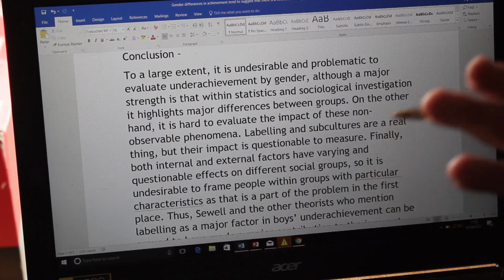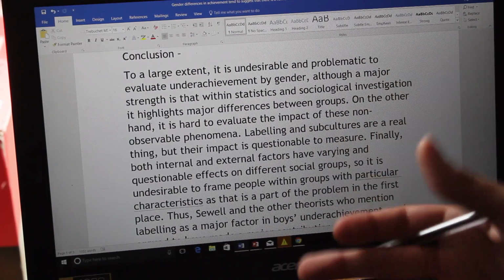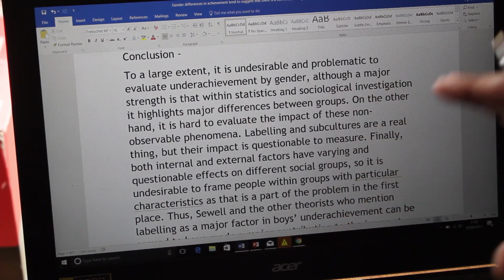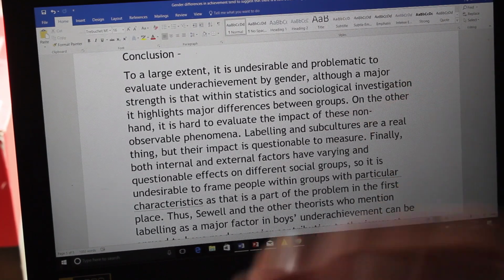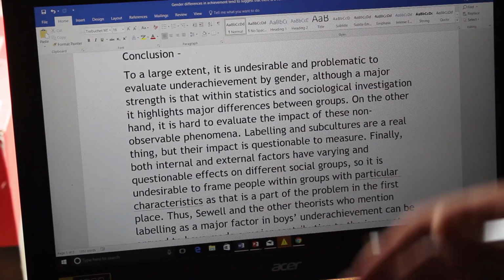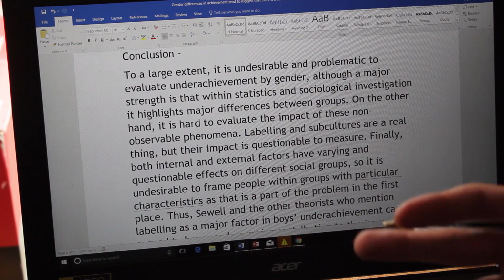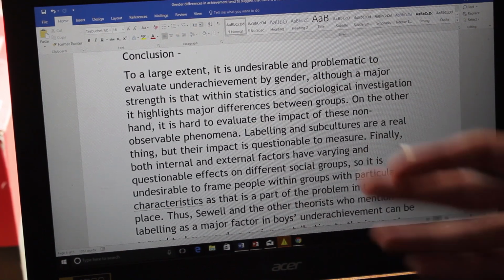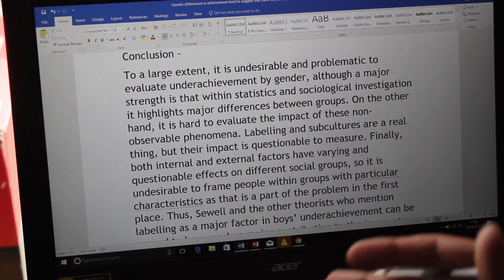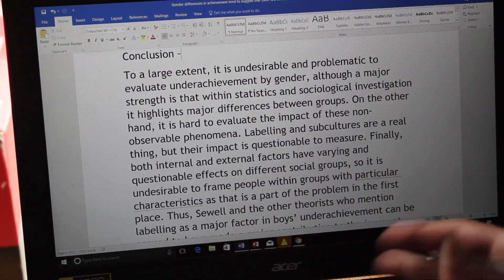But I'm saying it could be the root of the problem in the first place. For us to frame and categorize people in these subgroups might be the whole reason in the first place. Because if you're going to do that from the top end, within schools, teachers may do that. There may be a culture of, right, those working class boys are not going to get on. You'll be lucky to get them to do certain parts of your work, and so on and so forth.